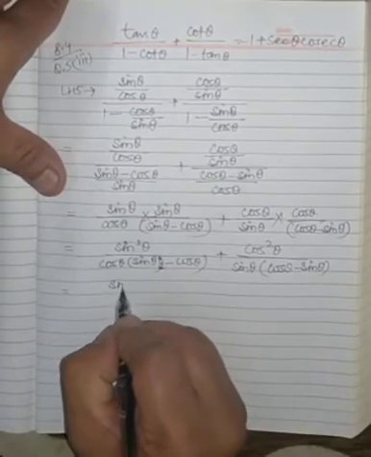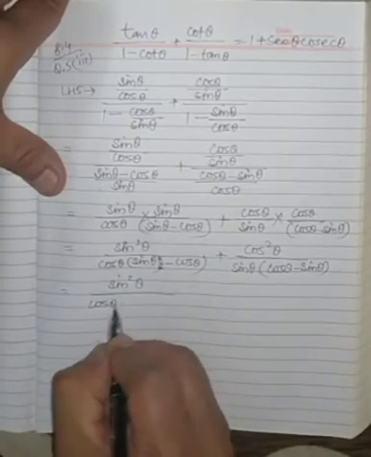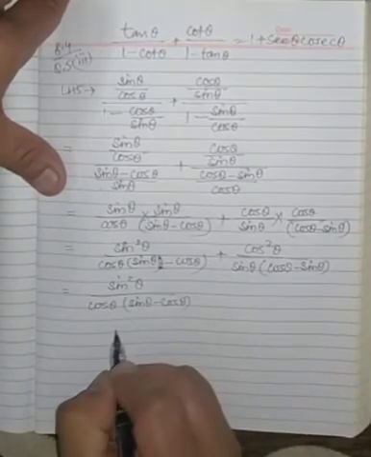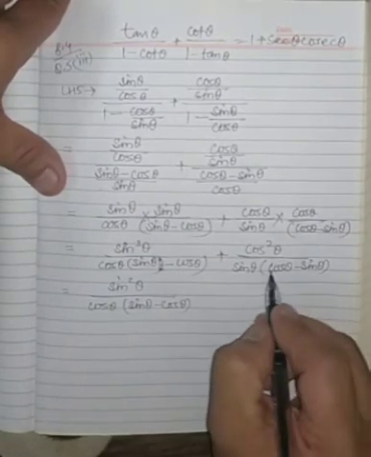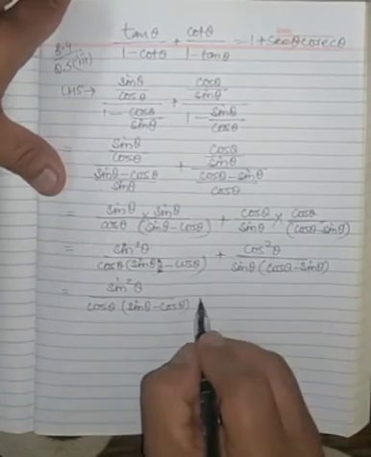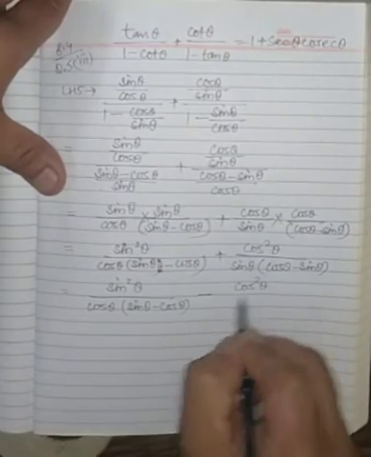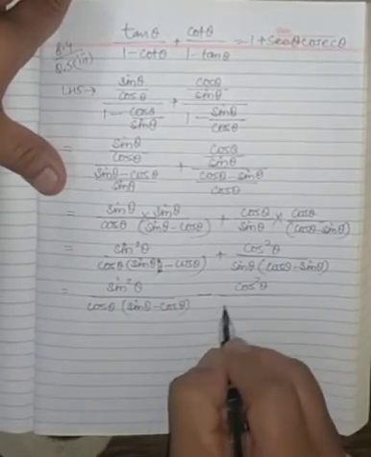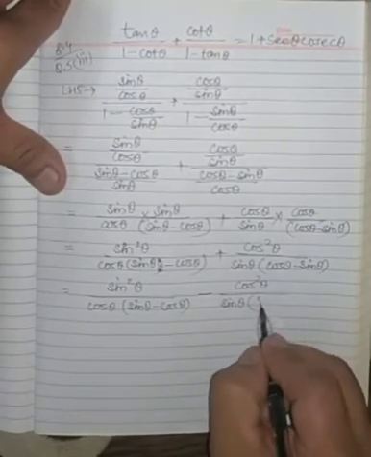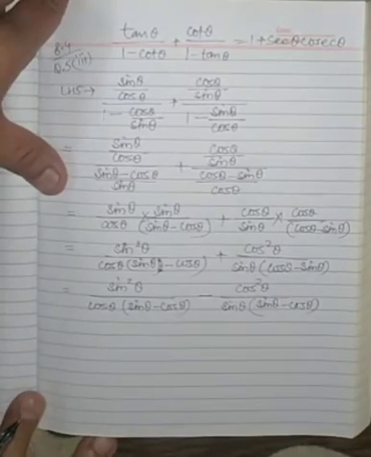So here sine square theta upon cos theta sine theta minus cos theta as it is, that minus which I have taken common from here will collide with this becomes minus cos square theta upon sine theta, and this will change as sine theta minus cos theta.